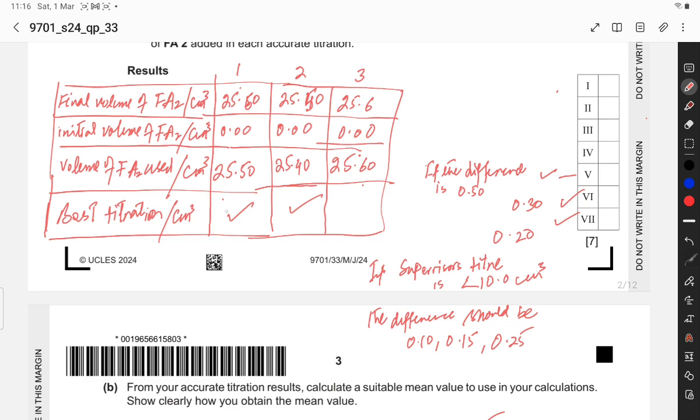So best titration is one in which the difference between two readings should be not more than 0.20. So this is 25.50 and 25.40. The difference between them is 0.10. So these are the best concordant readings.